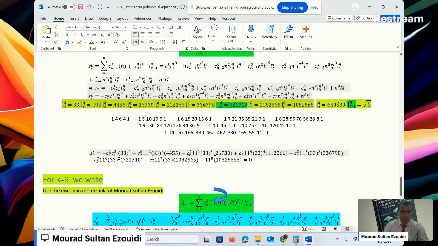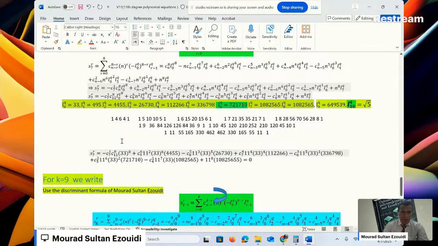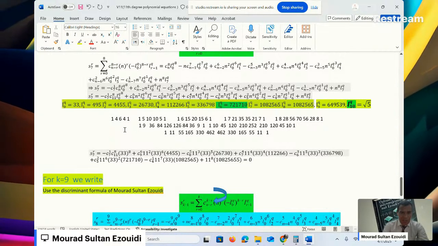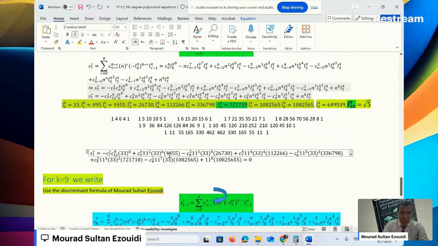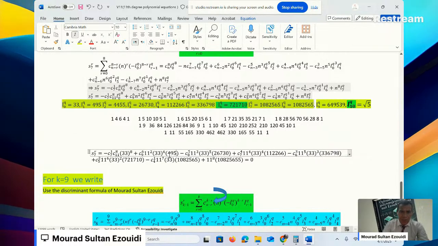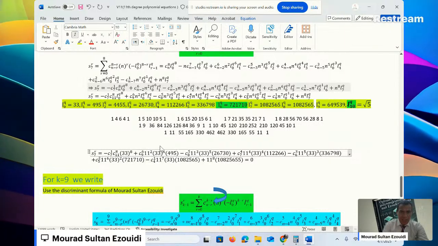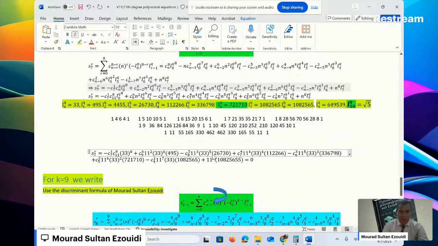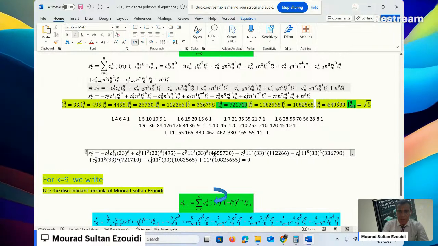Yes, this one, my kids, is not for, this is 495, sorry. 495. Because in the formula, L0 to the power 6 times L1. L1 is 495. Then this one will be 4455.